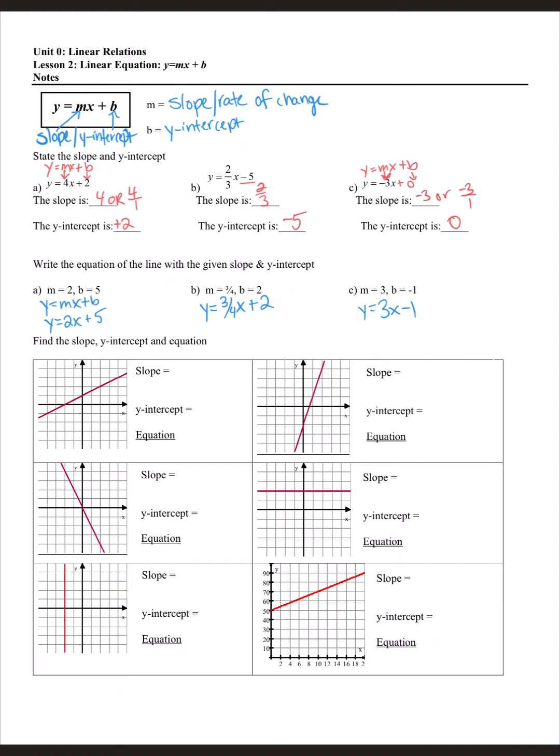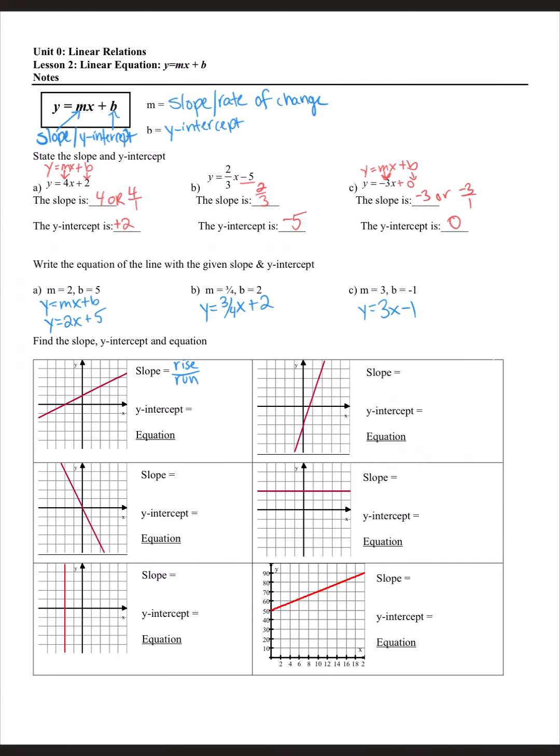Let's see if we can now take a look at a graph and determine what's our slope, which we did in the previous day's notes, and then what is our y-intercept. I'm going to use blue for our slope. Remember, our slope is simply our rate of change, or our rise over our run. I'm just going to write here again, rise over run.